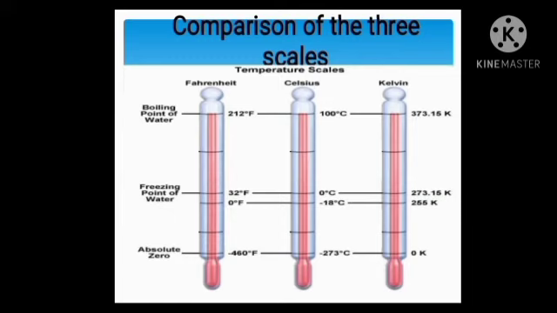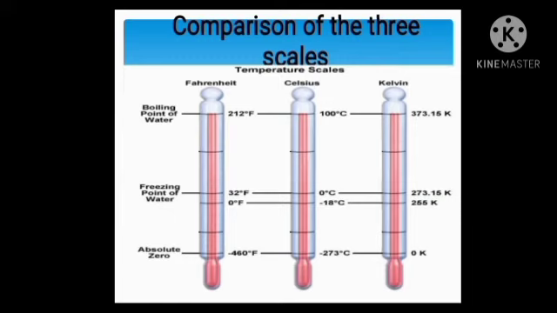Yung Kelvin scale natin, wala siyang negative value para sa temperature, as in 0 talaga. Hindi katulad ng sa Celsius tsaka ng sa Fahrenheit na nagpapakita ng negative value for temperature. So kaya nga tinawag na absolute 0 sa Kelvin kasi talagang 0 talaga. No?